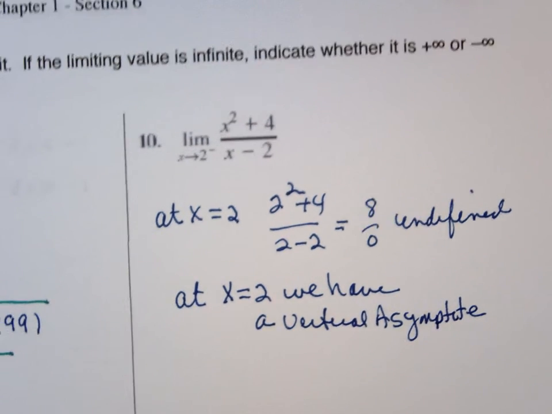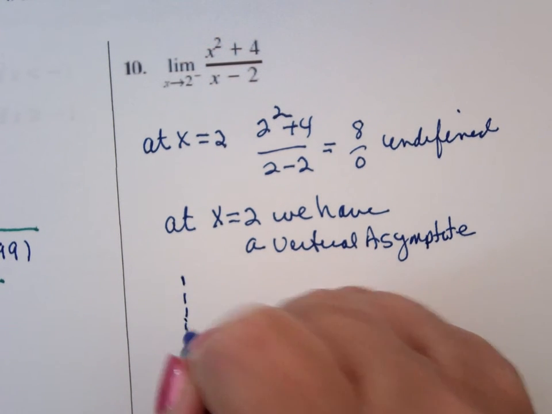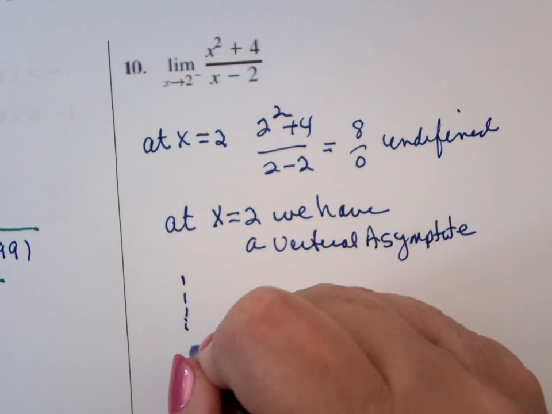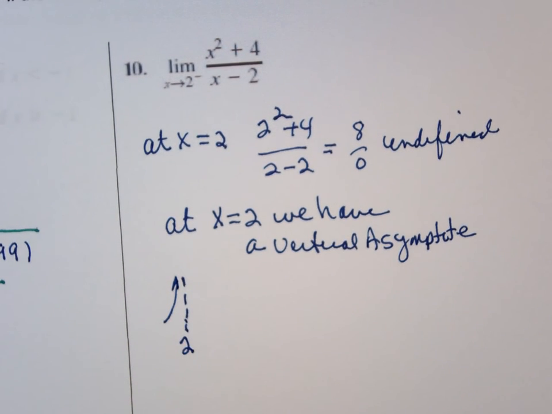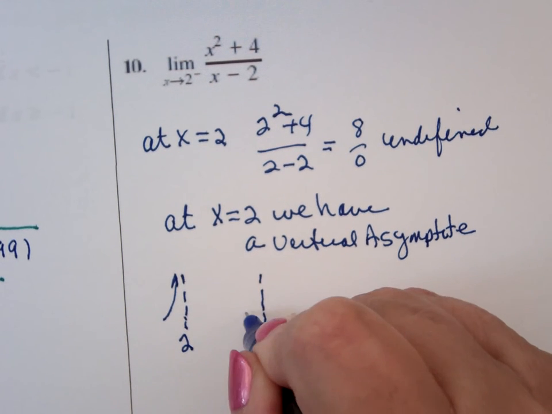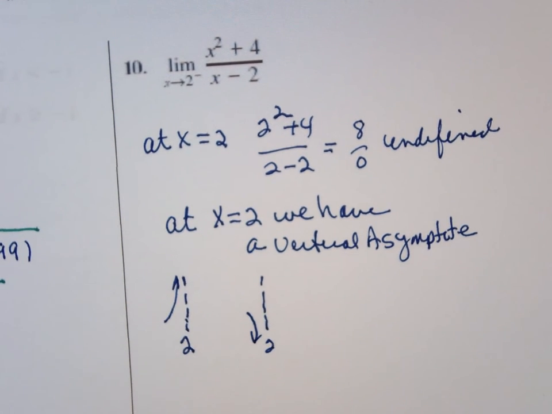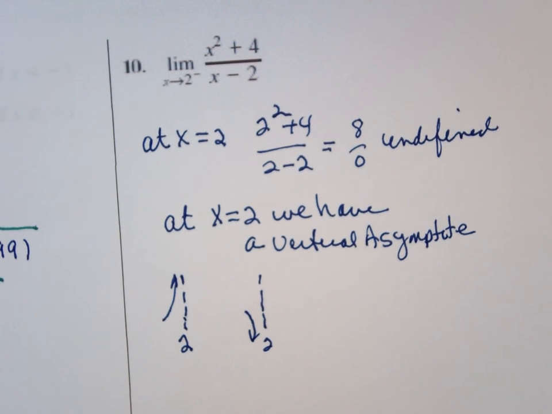Now, we know the behavior of vertical asymptotes. If this were 2, I either have it going up on the left of 2, or I have it going down to the left of 2. One or the other.